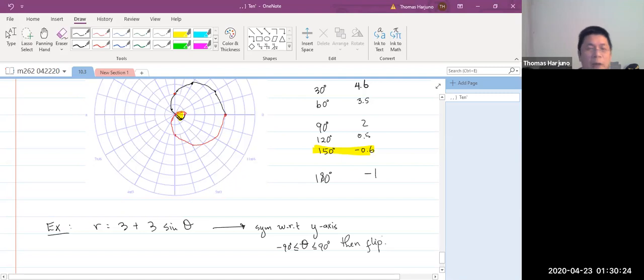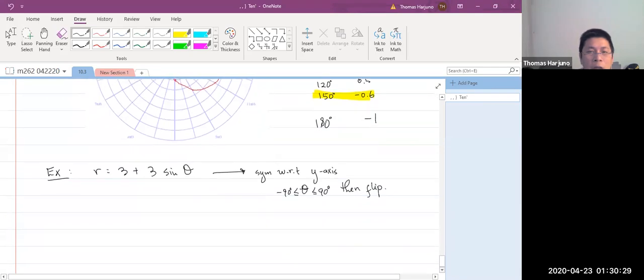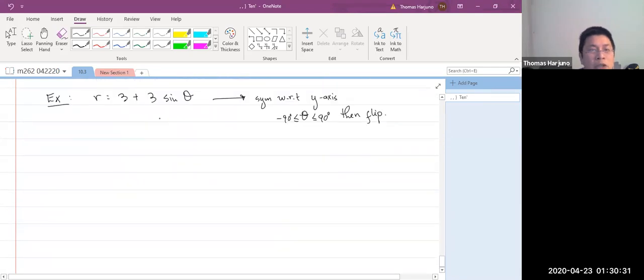Now, if I want to roughly sketch that, when theta is negative 90 degrees, r will be 0. When theta is 0 degrees, that will be 3. When theta is 90 degrees, it is 6.